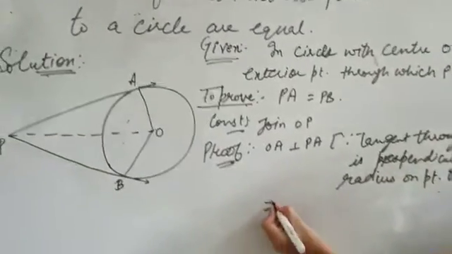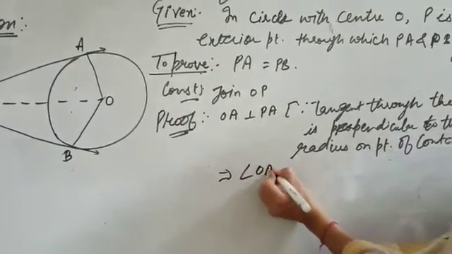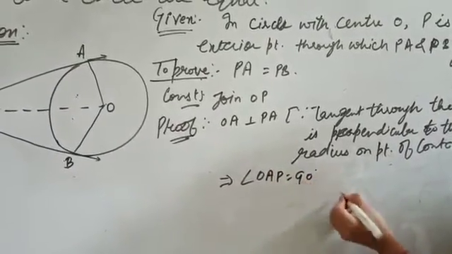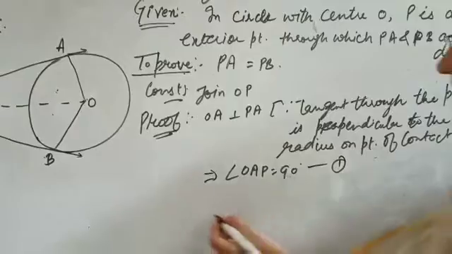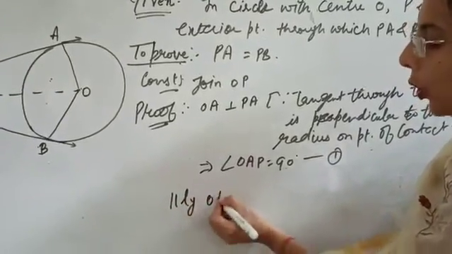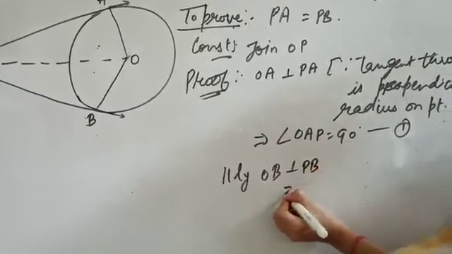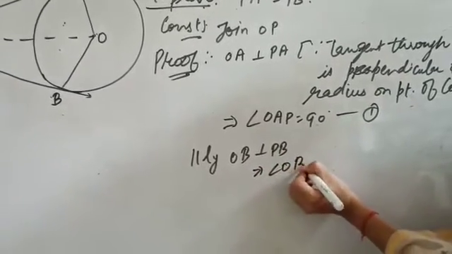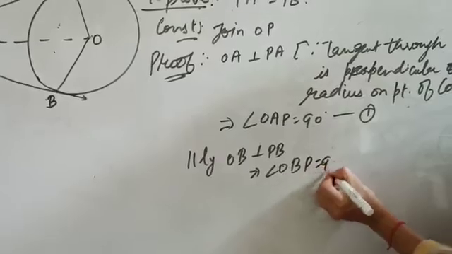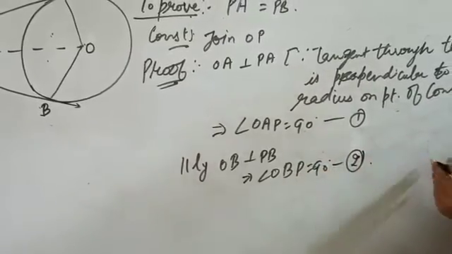So this implies we can write angle OAP is equal to 90 degrees. It is the first part. Similarly, we can write OB is also perpendicular to PB. So we can write angle OBP is also 90 degrees, which is the second part.